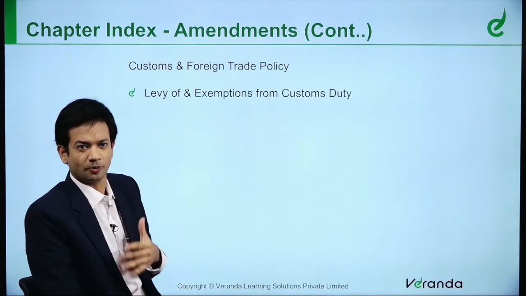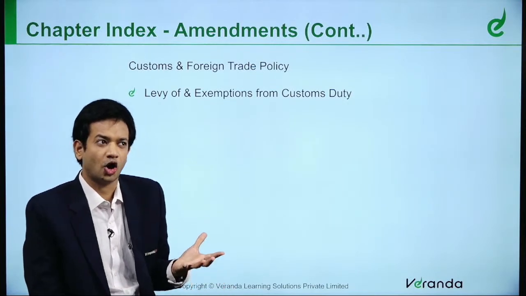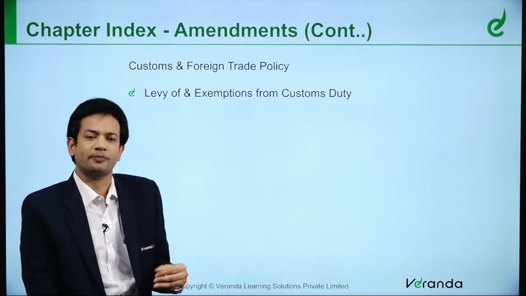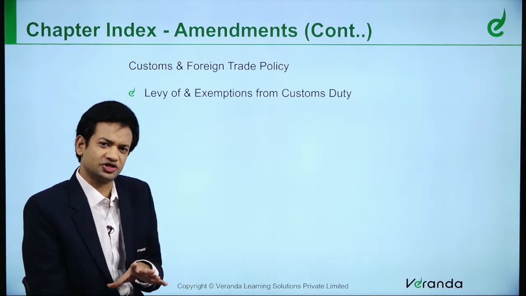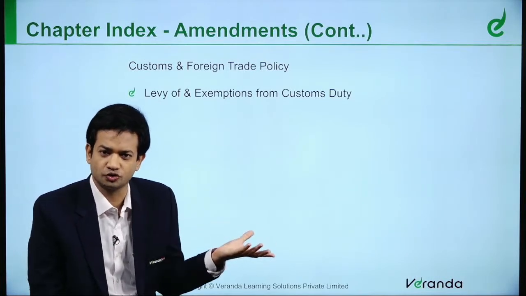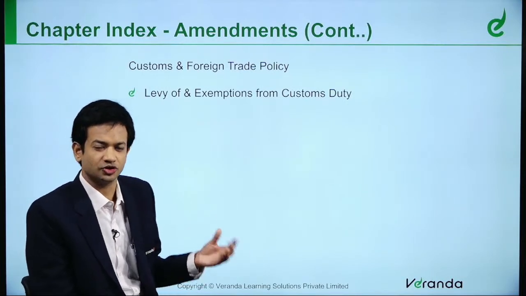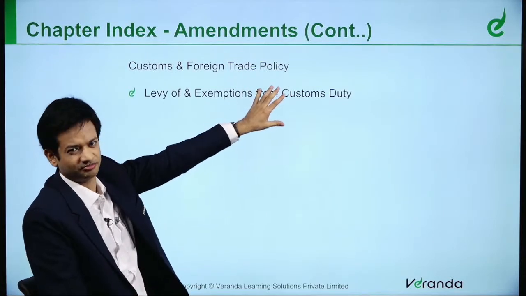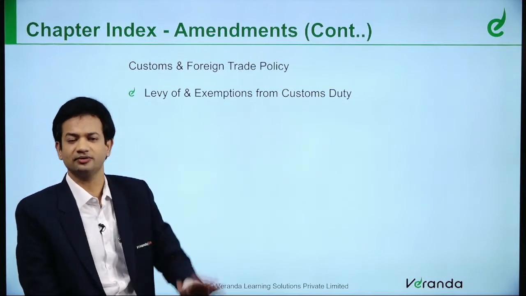Basically you can import goods without payment of customs duty or on payment of concessional customs duty for manufacture of notified goods or rendering notified services. The procedures, how you should intimate the jurisdictional AC or DC, Assistant Commissioner or Deputy Commissioner of Customs, your jurisdictional customs officer, all those procedures we are going to discuss in this. That's the only major amendment in this chapter, that the rules have been amended.